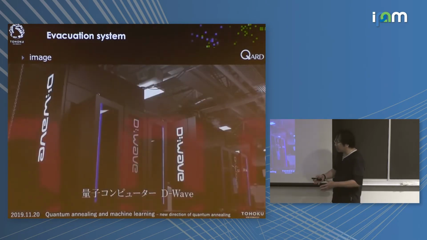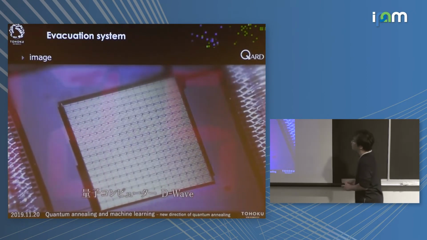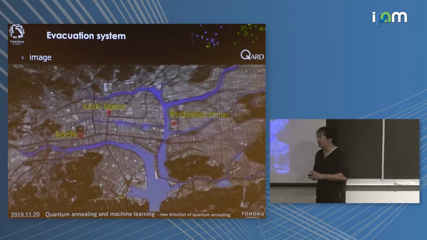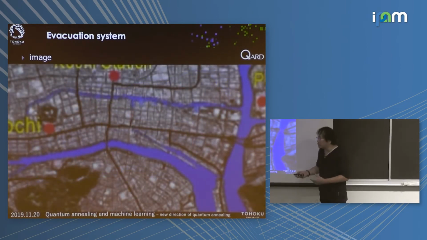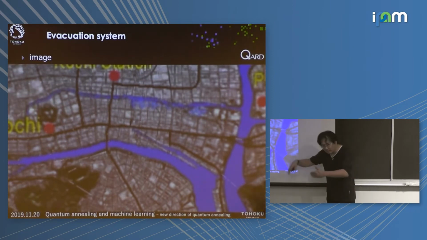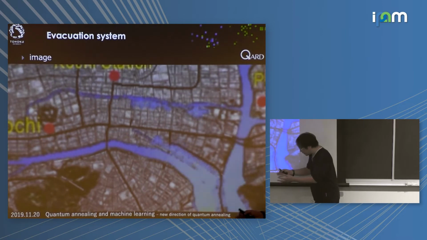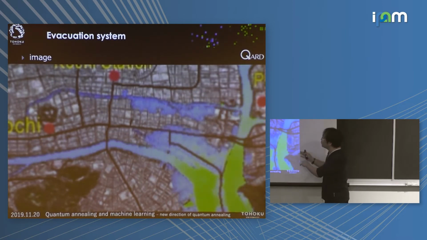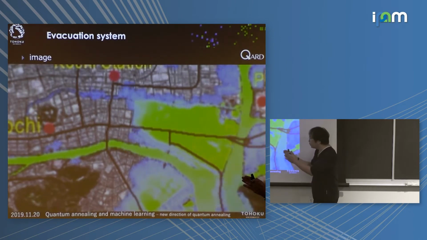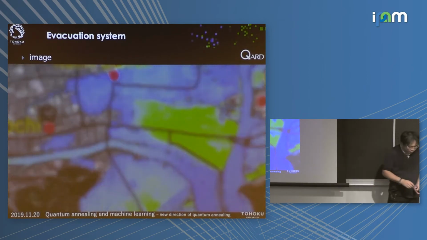After that, we had attacks from the big tsunami, tidal waves. So we had some inspiration for applications of quantum computing. We have some simulation data of the tsunami, and then we reflect the result of the simulation. Then we consider the optimization problem, route guidance for evacuation from big disasters.